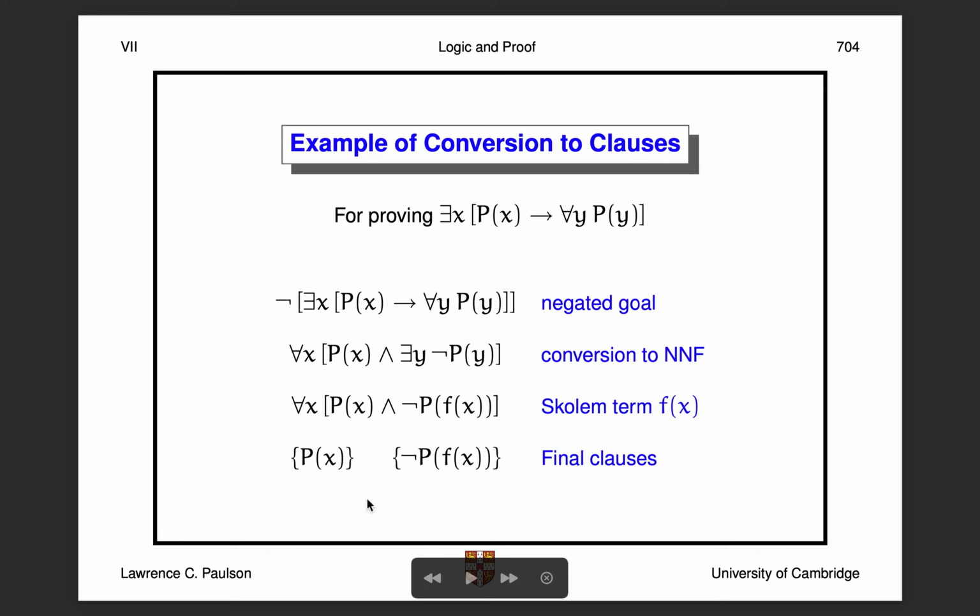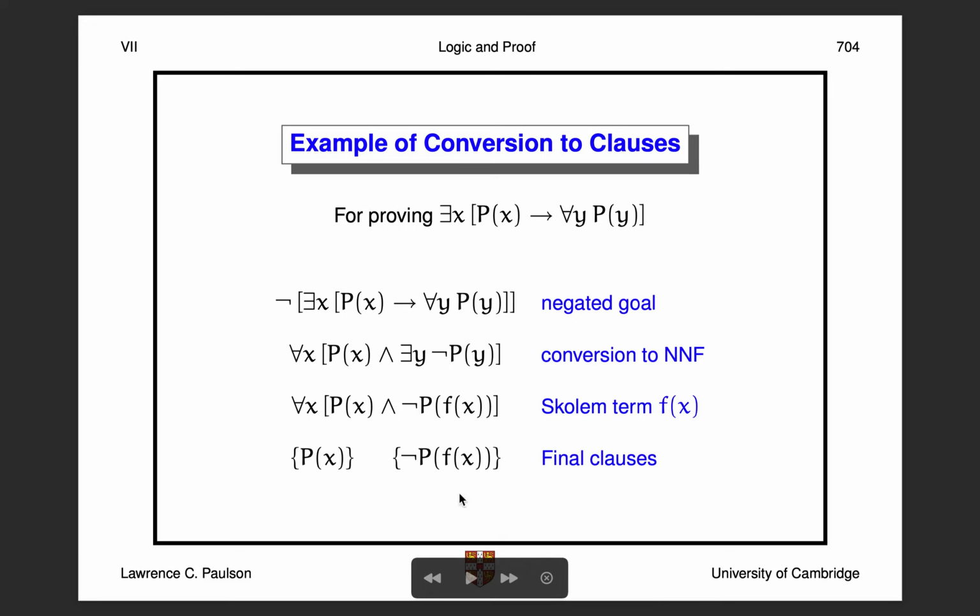It's very important that you know what clauses actually mean in logic. So this is a unit clause. It has a variable x, and all variables in a clause are implicitly universal. Very important. Implicitly universal. This clause says for all x, p of x.